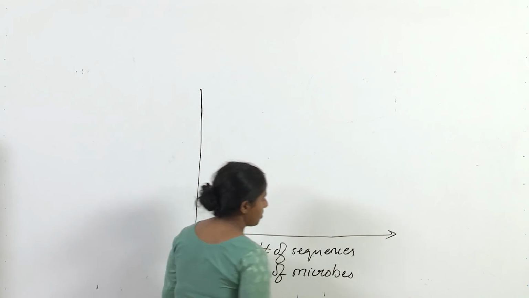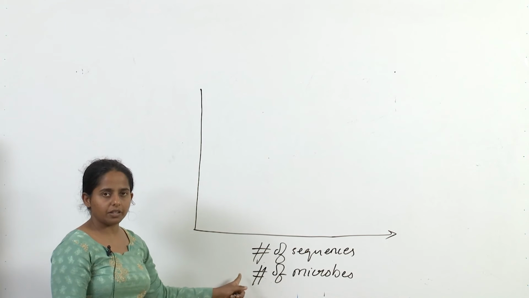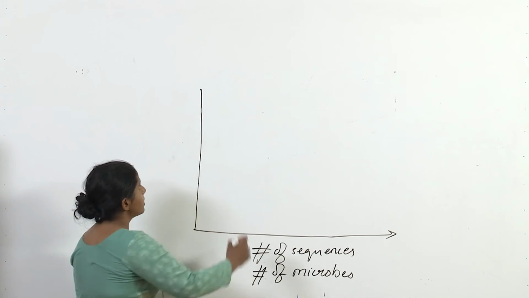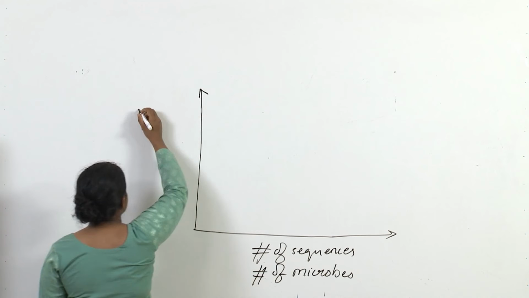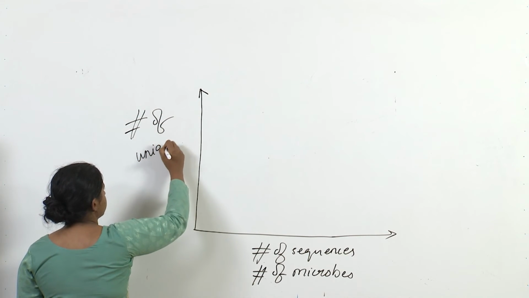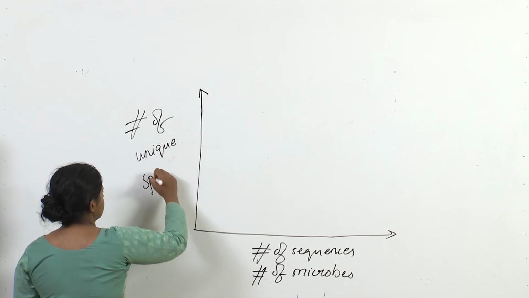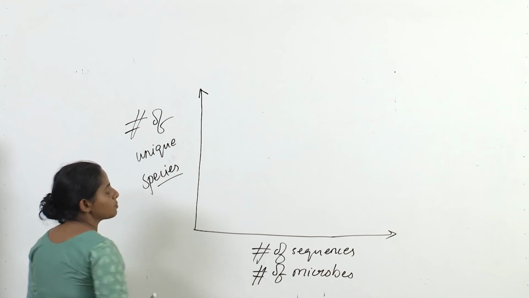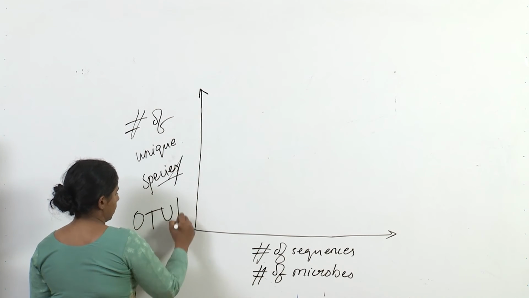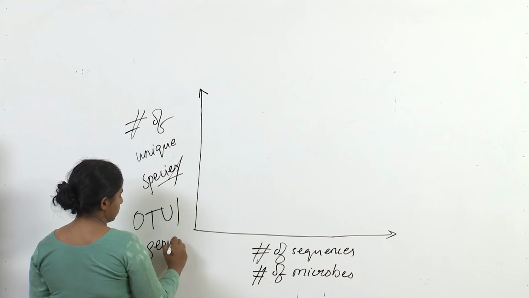Remember in the previous example we typed 400 different microbes from a sample, and it could also be sequences, and this is the number of unique species. Now, it does not have to be species, it can be OTU, it can be something else like genus.